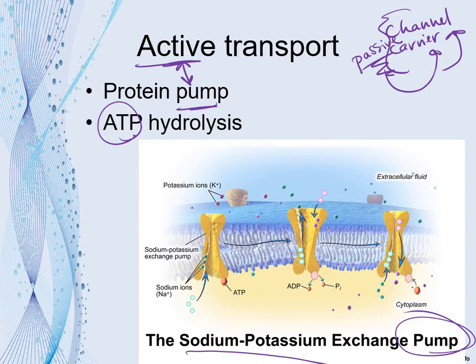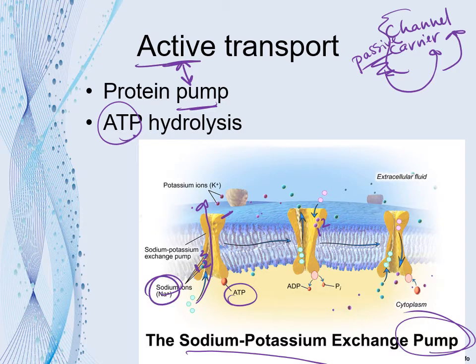This is how our nerve cells get to the electrochemical environment that they need. What's happening is this pump is going to use some ATP to move sodiums out.